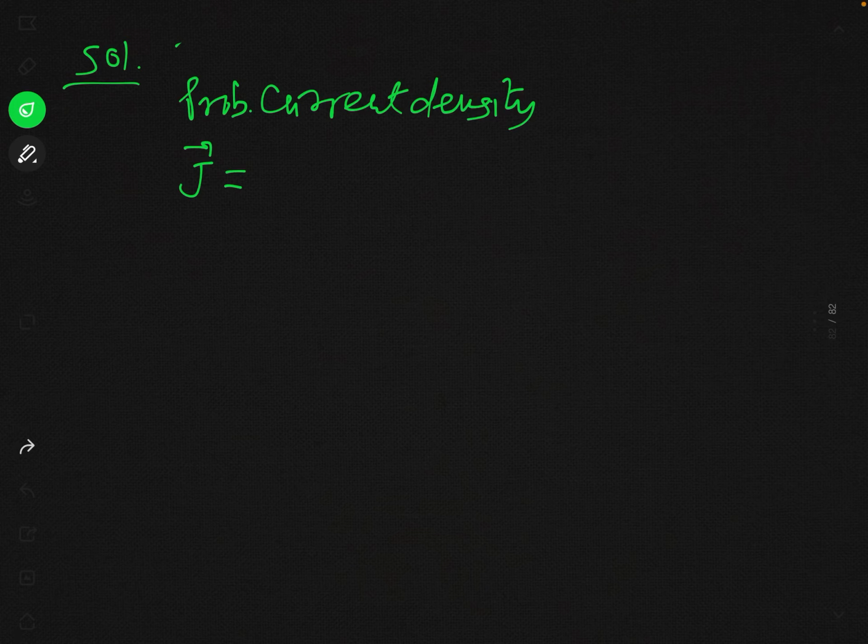So we will write vector J, and I am just now writing another alternative expression which we have already studied in the previous lecture, to clarify that that expression is also equivalent to the original expression.